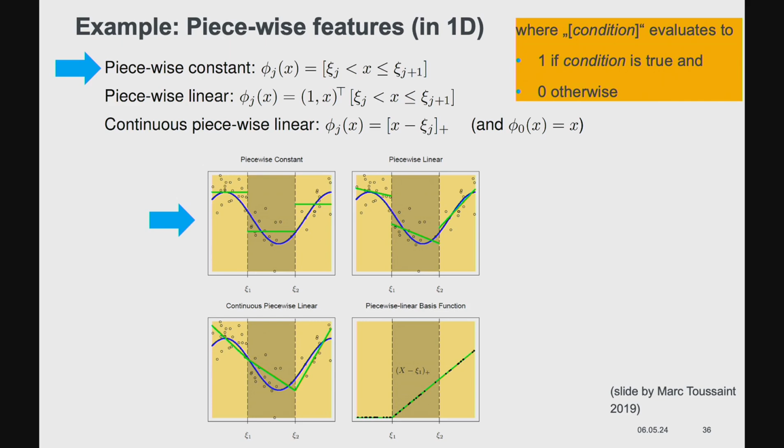So if I'm here, then for this part, a 1 is returned, and for this part, I learn a corresponding beta. And what I then do for this part is I learn a beta that describes the height, which is the average of all these data points which are observed.